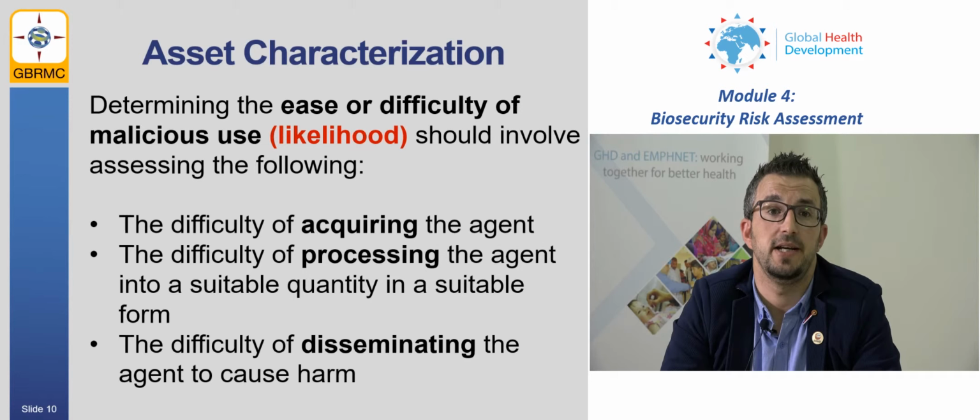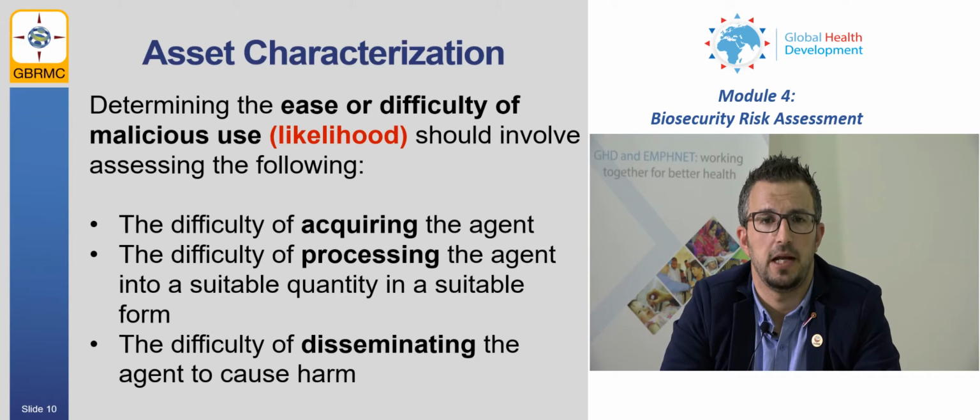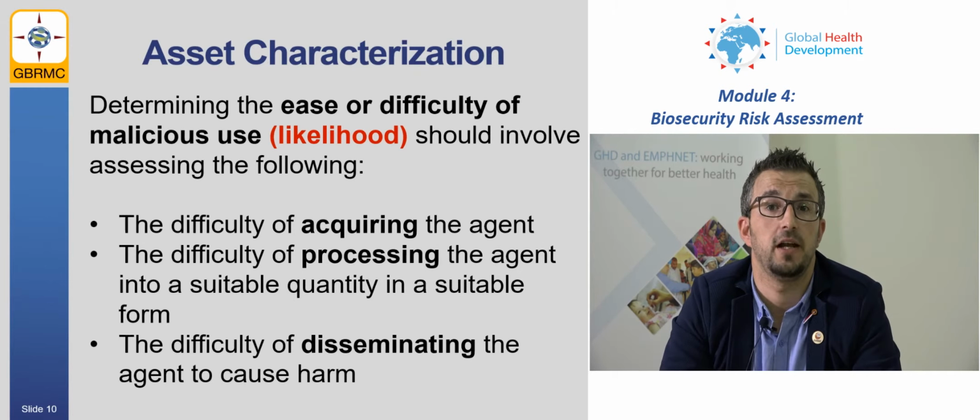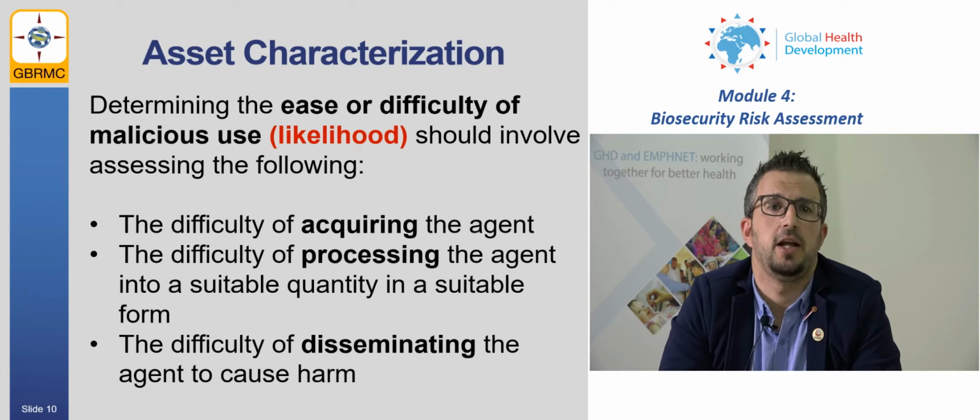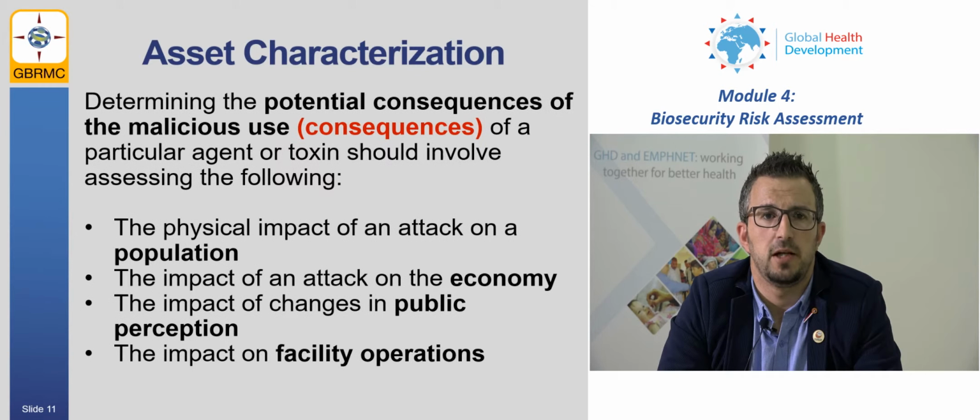Because sometimes we cannot find it in the environment, it will be valuable for an adversary and encourage him to attack this laboratory and steal this valuable biological material. We should also think about the difficulty of processing. Is it easy to process this agent? Can it be practiced outside the laboratory, or used in another institution or not?